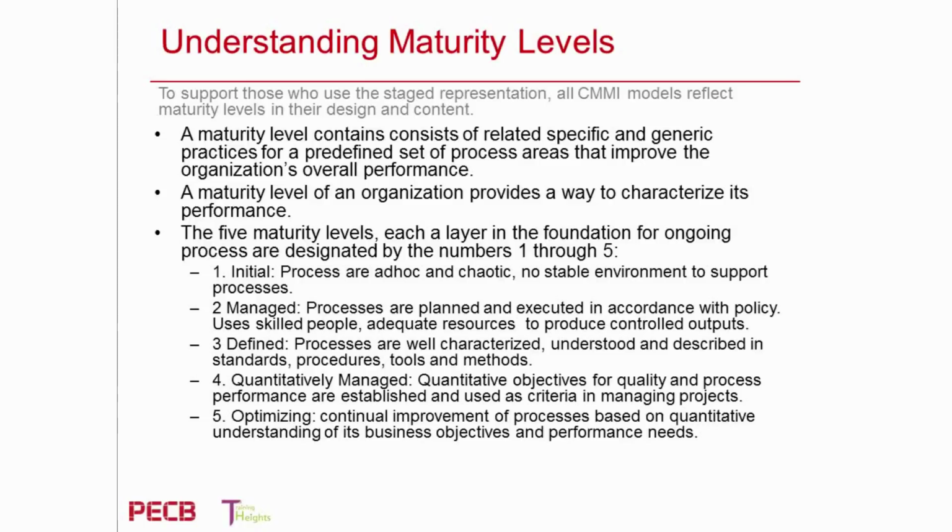So we can look at an organization and say they're at maturity level 1 or 2 or 3 or 4 or 5. But we can look at specific process areas within an organization and say that they're at a certain capability level. If the name of the company is Orlando Incorporated, we can say Orlando Incorporated is at software development maturity level 2 or level 3 as an organization.